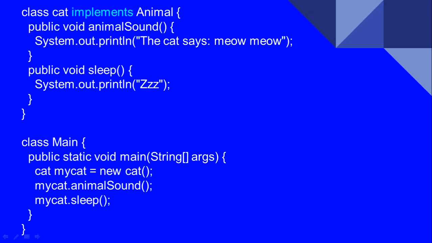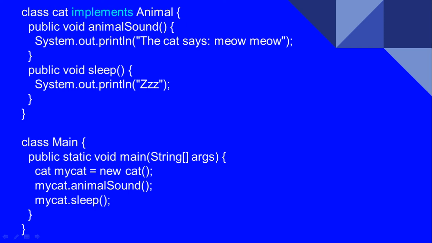Okay, let us see how the implementation is done. Now we are defining a class called Cat. This class Cat implements Animal. That means we can use the interface Animal in the Cat class through implements. Now we can define public void animalSound. We are going to use the animalSound method which is already declared in the interface earlier.